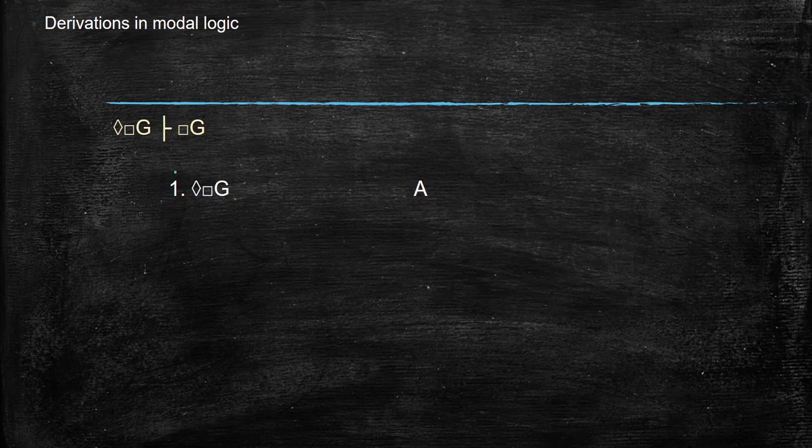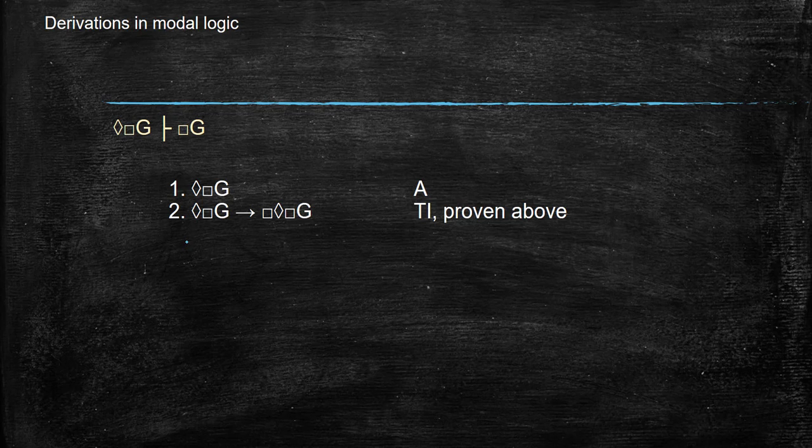possible necessary G implies that necessary G. And the trick to doing this, seeing how our theorems can be useful, is to realize that the assumption, although it says possible necessary G, you want to just think of this as possible A, possible anything, because that tells us, given what we just proved, that if it's possible that necessarily G, then it's necessarily possible that necessary G. So notice here that we didn't use the N rule, we used the theorem introduction rule.